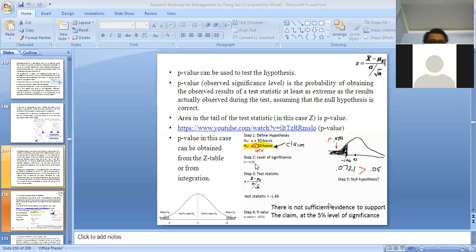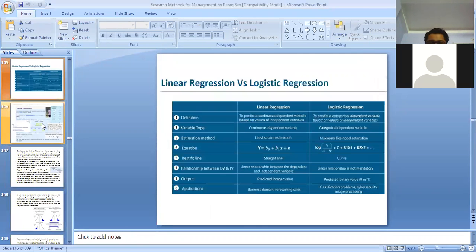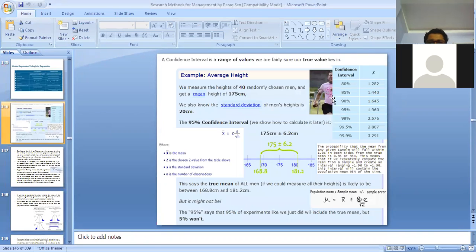So for 95% confidence level, your z value will be plus minus 1.96. I can show you. Yes, if your confidence level is 95%, your z value is plus minus 1.96.